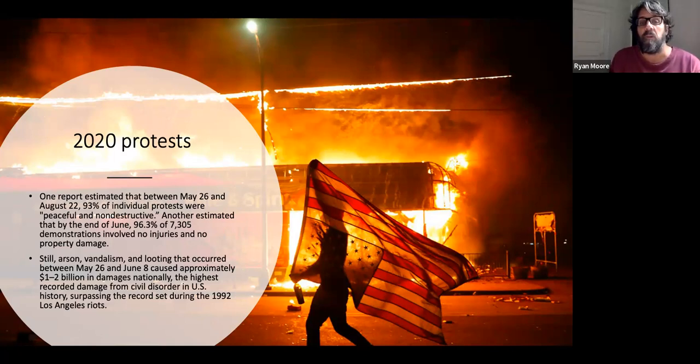Especially in the period between May 26th and June 8th, the first week and a half or 2 weeks of the protests, those actions caused approximately between $1 and $2 billion in damages nationally, and that constitutes the highest recorded damage from civil disorder in U.S. history, surpassing what had previously been the record set during the 1992 Los Angeles riots.